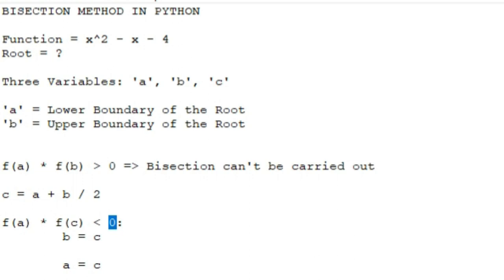If that is the case, we swap b and c together. However, if that is not the case, we swap a and c together. Simple enough? Okay, so in this implementation of the bisection method in Python, we will use the number of iterations to determine the approximate root. So let's begin to code.